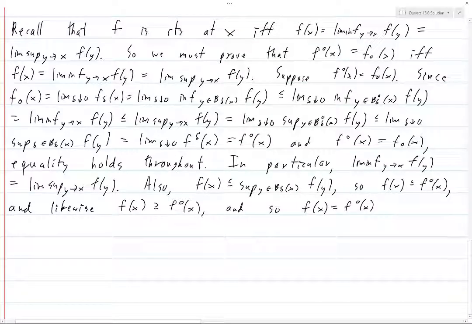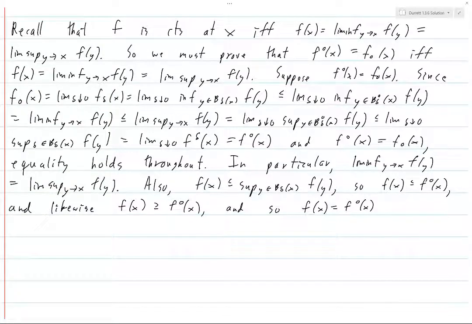Right, because we've proven before that f lower 0 is less than or equal to f of x, which is less than or equal to f upper 0 of x, but f upper 0 of x equals f lower 0 of x, and so equality holds throughout.